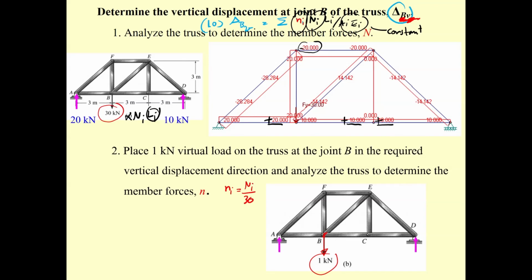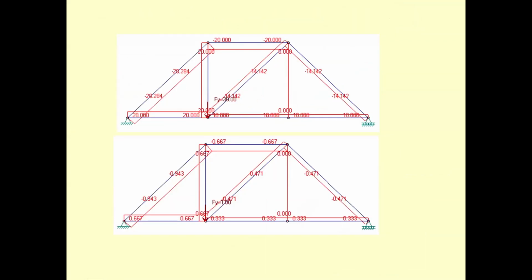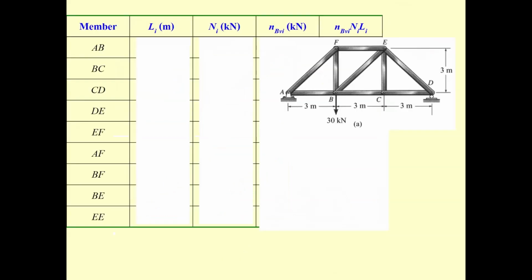Now you have the result for this one. Just divide everything by 30. 20 divided by 30, 2/3. 10 divided by 30, 1/3. And the same thing: small n is going to be capital N divided by 30. And then the result is going to be something like this one. But you have to be very careful when you put it in the table.